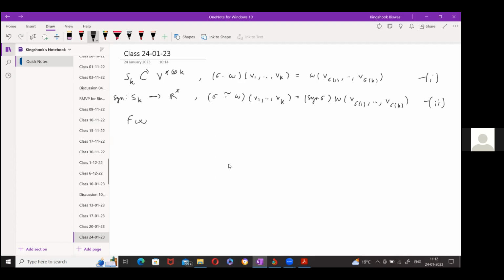Fixed points of the first action are exactly symmetric multilinear functions. And fixed points of the second action are exactly alternating multilinear functions, right? Is that clear?